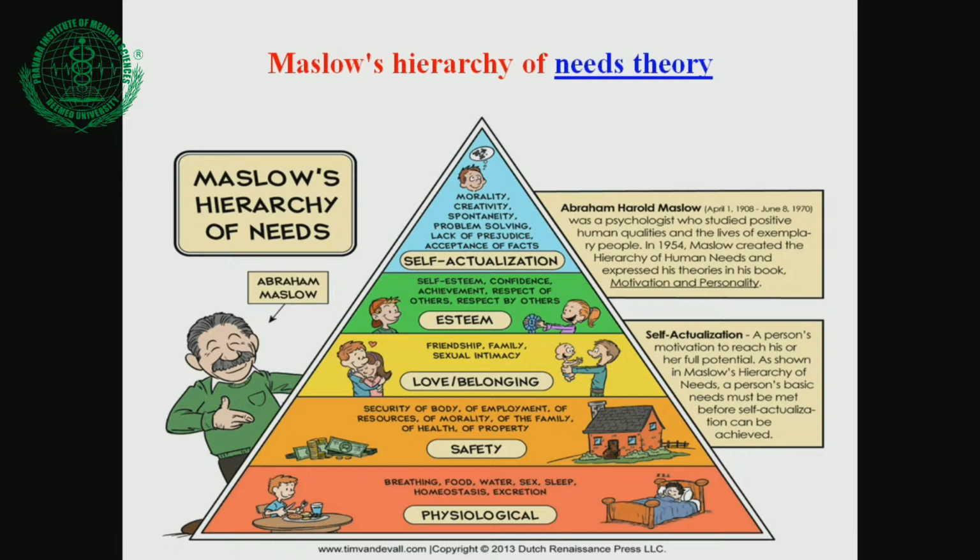As per Maslow, our needs are the primary needs and the secondary needs. When we talk about the primary needs, they are basic in nature. The person wants food, the progeny, he wants to reproduce, and sleep, when he is doing the work.